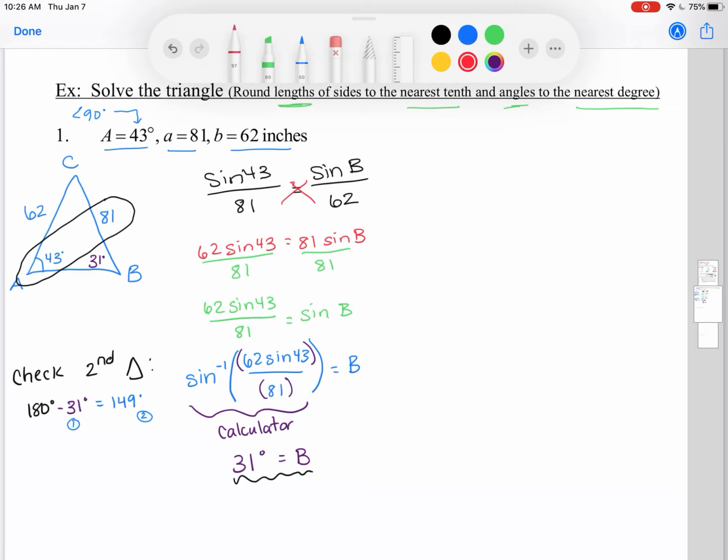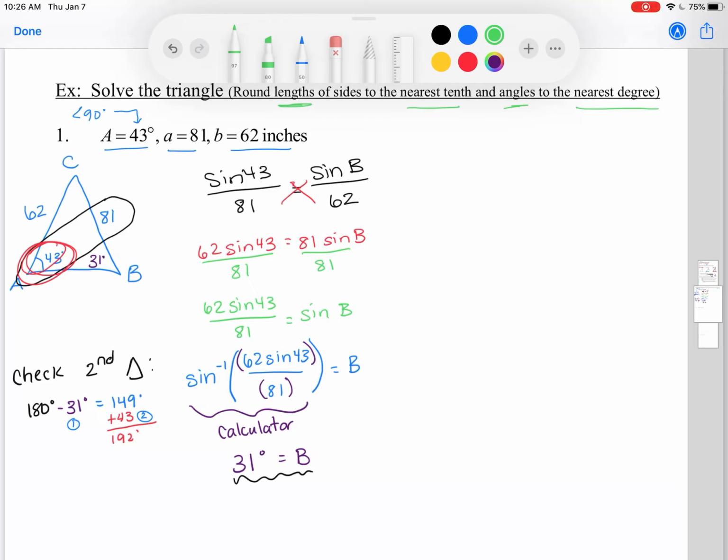Well, I just so happen to know another degree measure that's going to be the exact same in my second triangle, which was that A value. So I'm going to add that back in, as I know that's going to be part of my triangle. And that's going to give me 192 degrees.